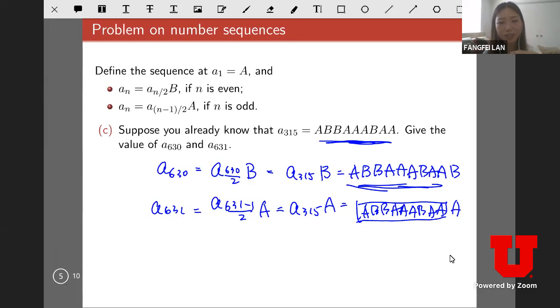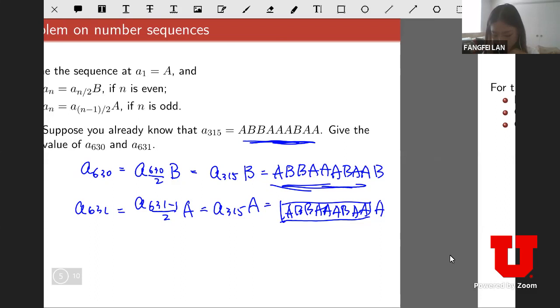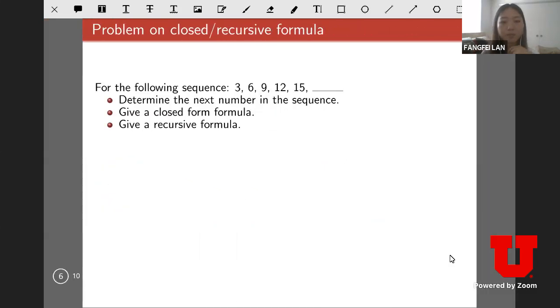Like this isn't a sequence, right? This is a string. So there are definitely rules around them. We can come back to this question if we have a little more time.